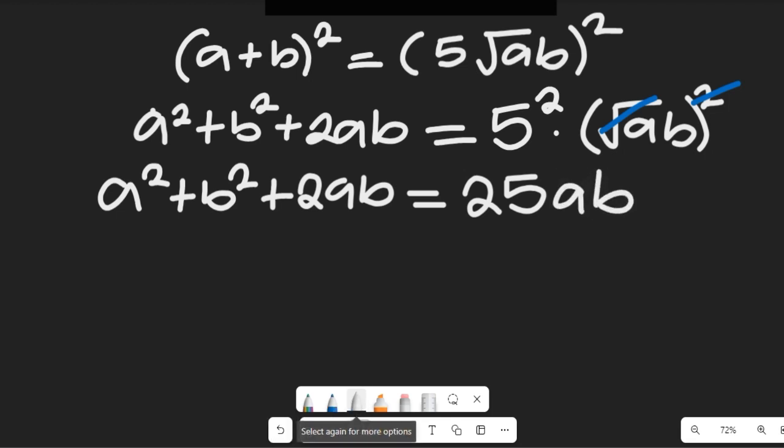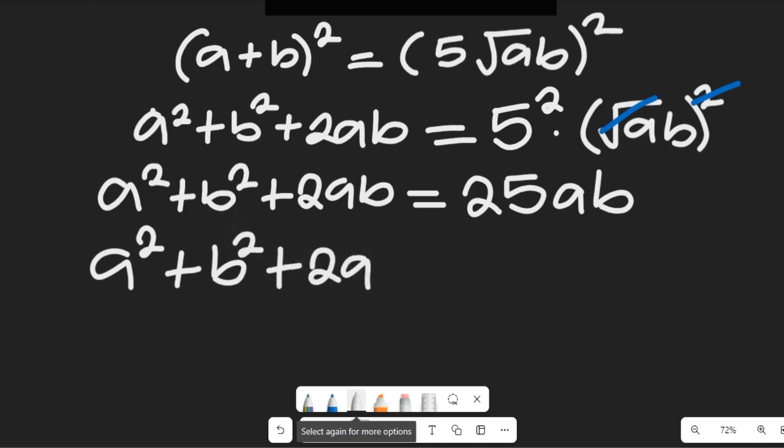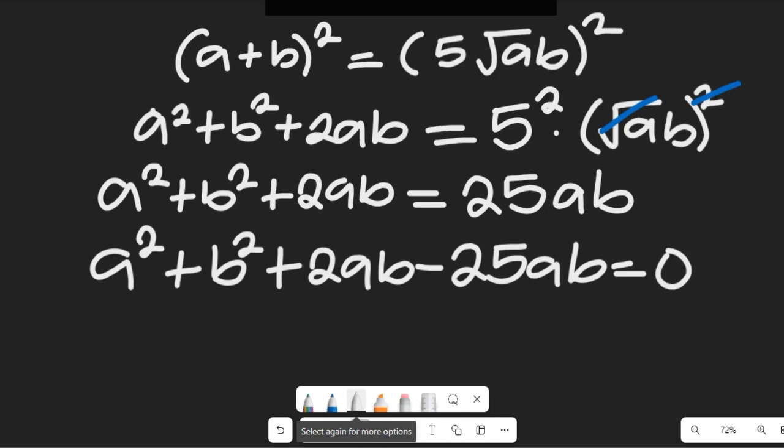So if we subtract 25ab from both sides, this expression becomes a squared plus b squared plus 2ab minus 25ab, and this will be equal to 0.